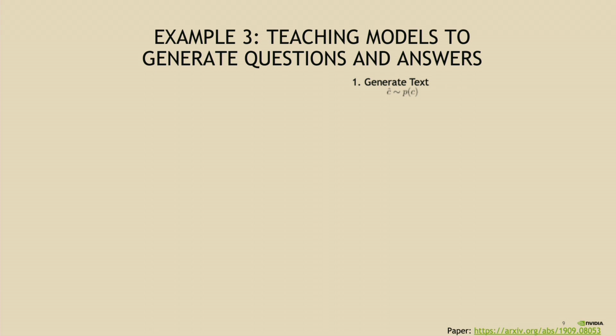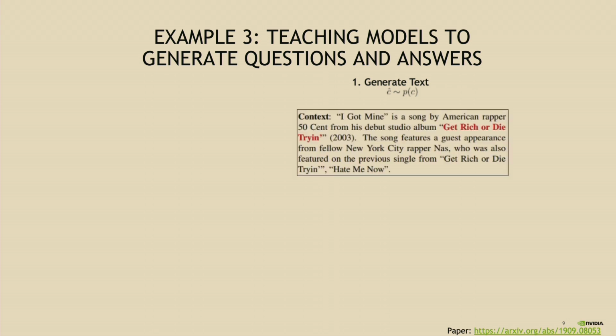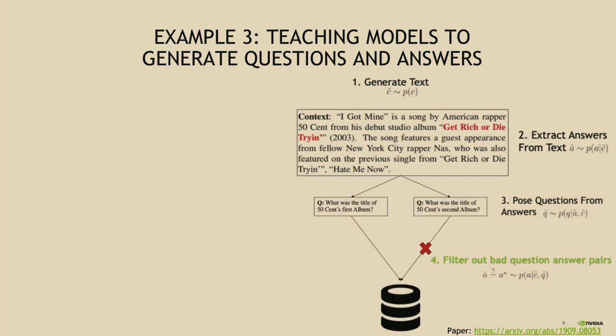We do this in 4 steps basically. We use a large GPT model similar to what I showed previously to generate context unconditionally and generate the text. Then we use a BERT model to extract answer spans or answers from this synthetically generated text. Having the context and the answer, we use another GPT model to generate questions.